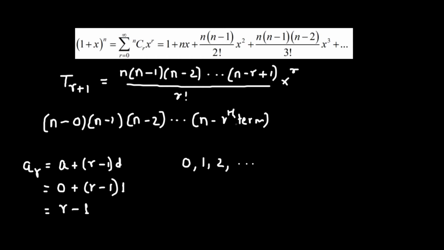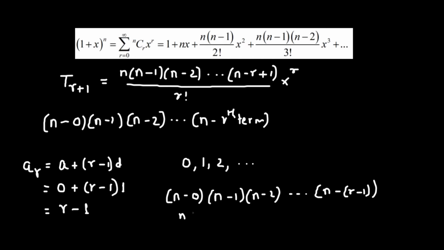That is what we're going to replace here, and we should get n minus 0, n minus 1, n minus 2, all the way up to n minus (r minus 1). So that is how we got the general expression in the numerator, which is n(n minus 1)(n minus 2) all the way up to (n minus r plus 1).